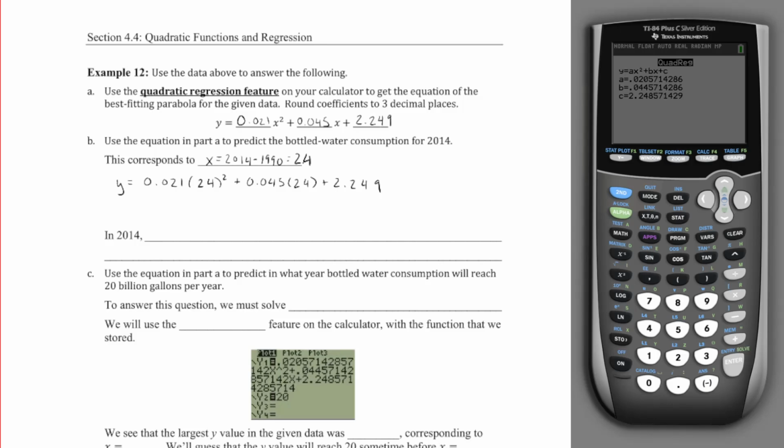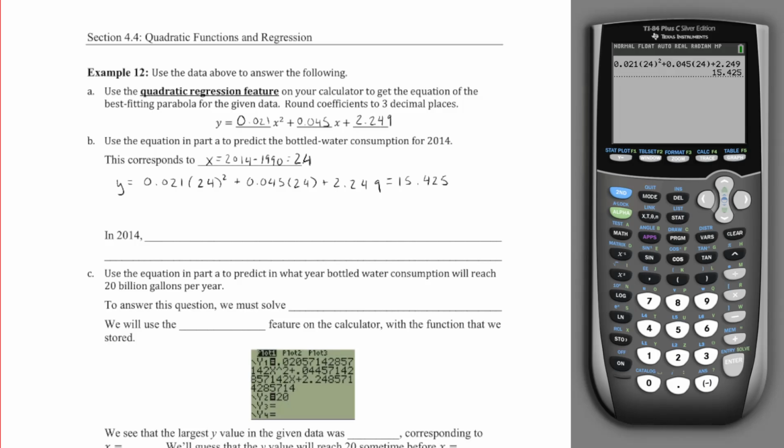We can just enter that on the calculator. So we get 15.425.